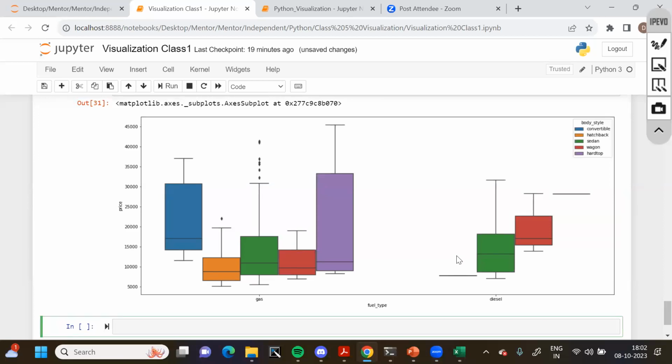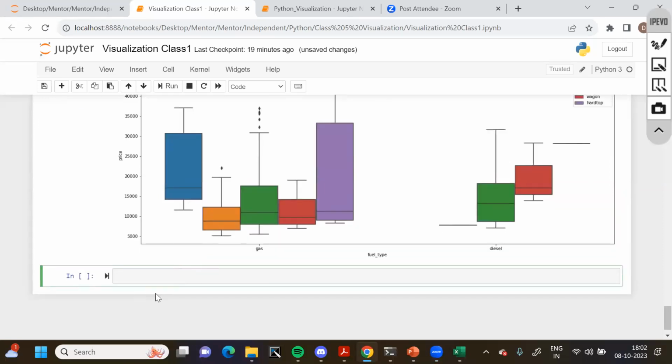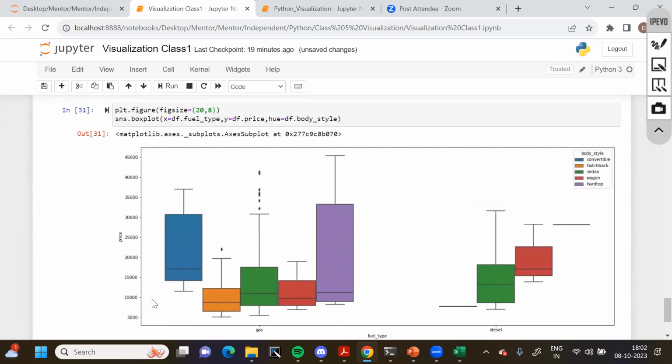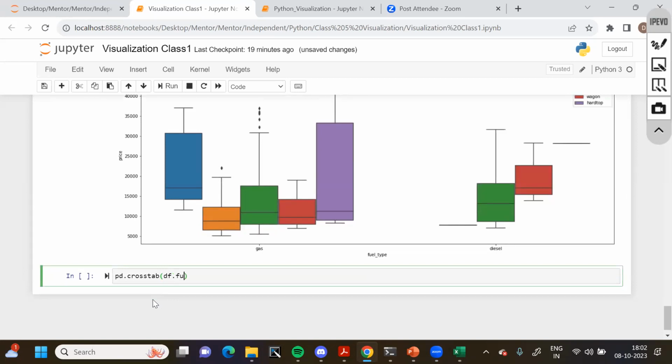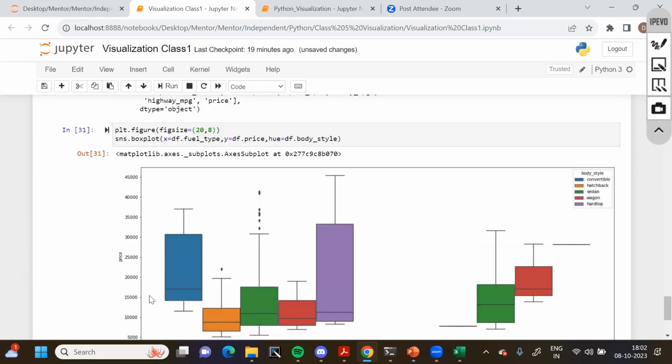I can do for you pd.crosstab, with fuel type and body style.